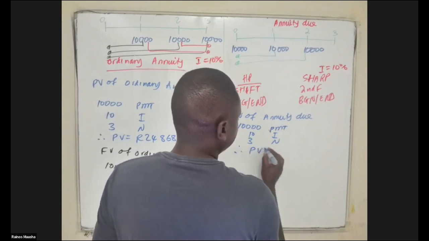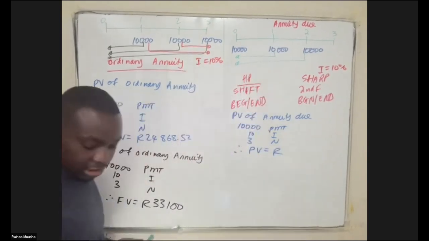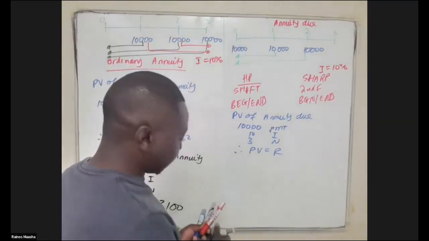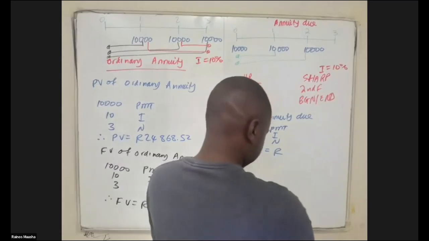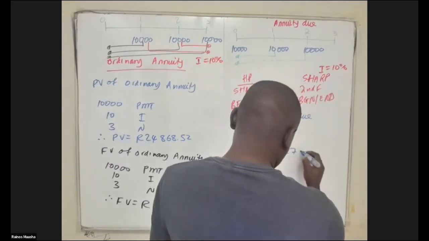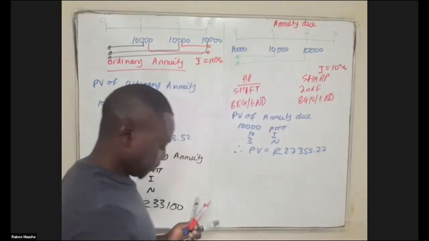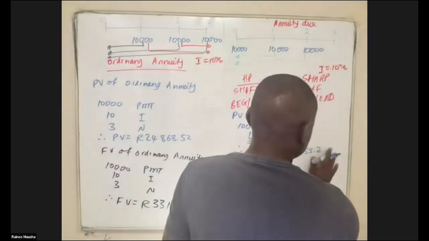Then you look for the present value. How much would you get as the present value of an annuity due? 27,355.37.